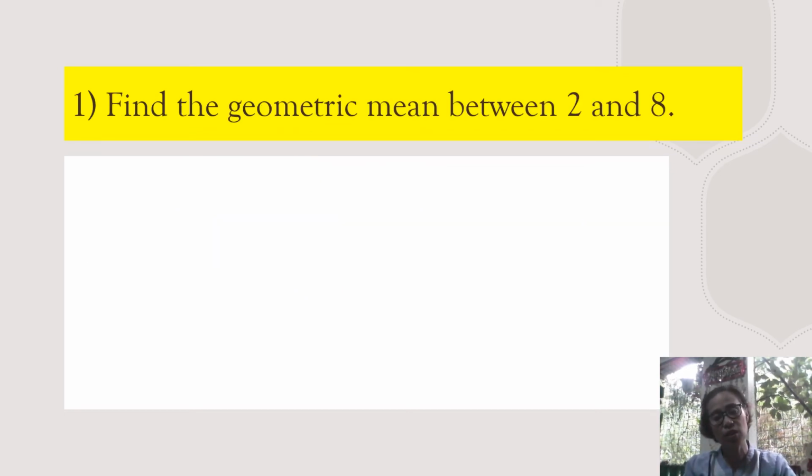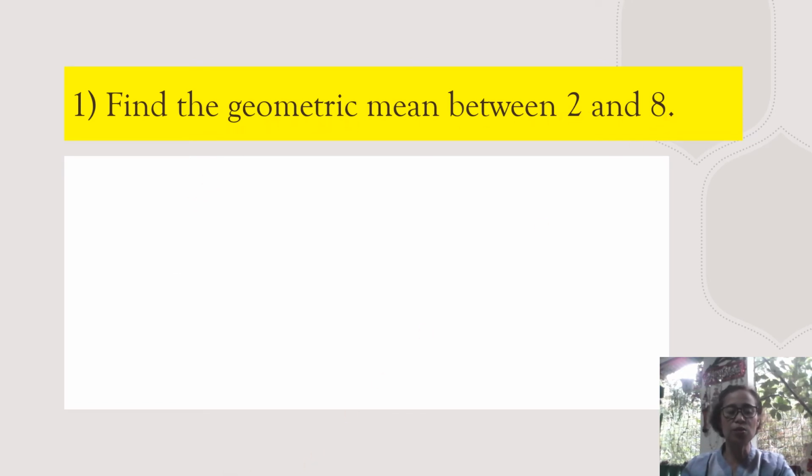This activity is going to entail also using the general rule that we applied a while ago. So for example, find the geometric mean between 2 and 8. First, try to understand the problem. Find the geometric mean between 2 and 8.